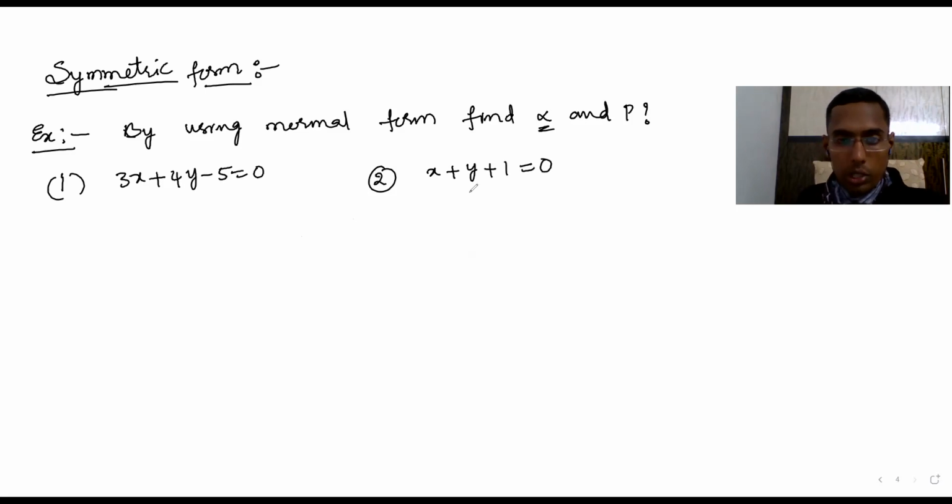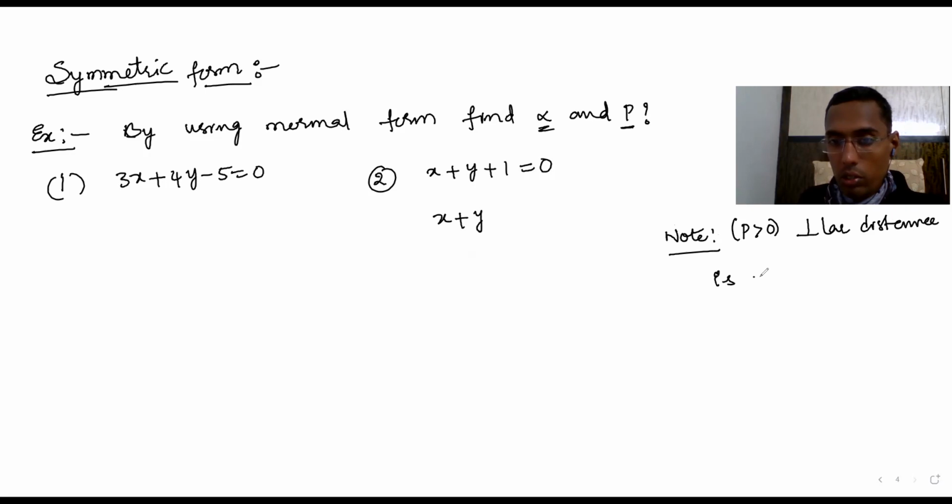For the second question, how do we find this perpendicular distance and so on? Here, x plus y equals minus 1. Note that the perpendicular distance p is always positive. If you keep it equal to minus 1, this becomes wrong.